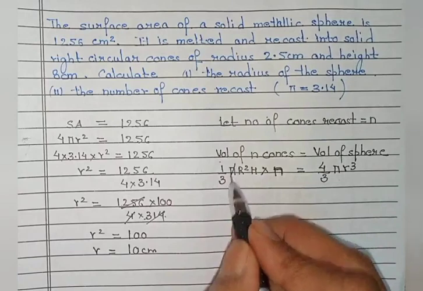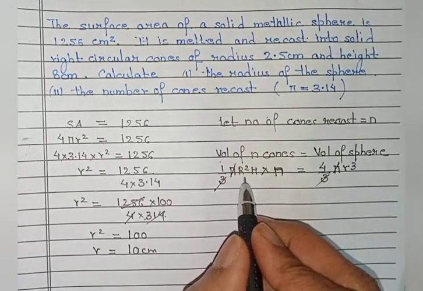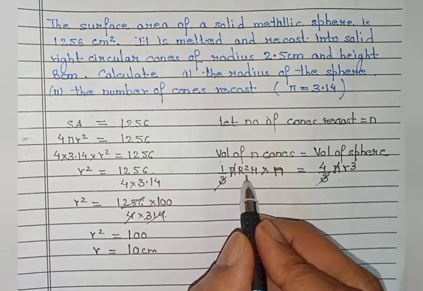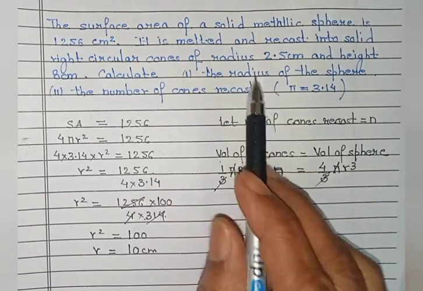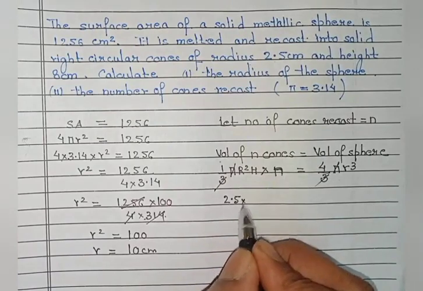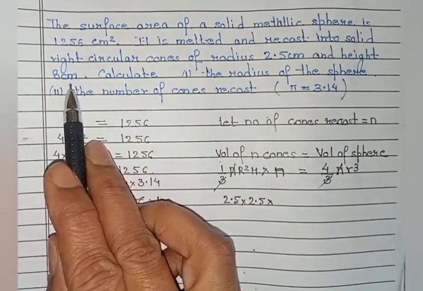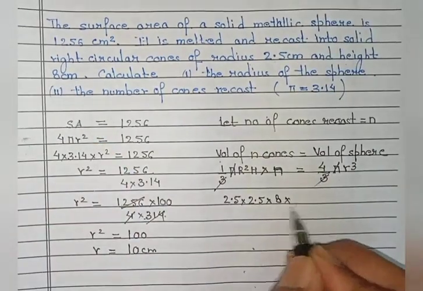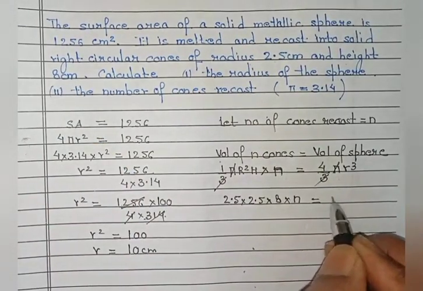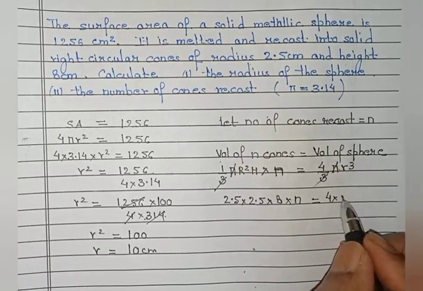Before substituting the values, pi by 3 can be cancelled out. Now substitute the values. On the left side we have to put the radius of the cone, which is 2.5. So we have 2.5 into 2.5. Then the height of the cone is 8 into n. On the right side we have 4 into the radius of the sphere, which is 10.